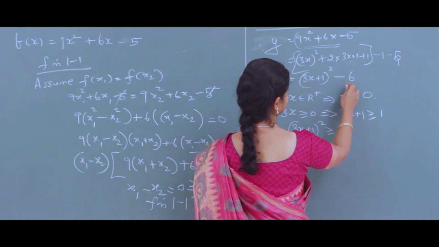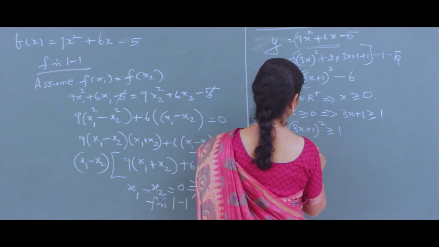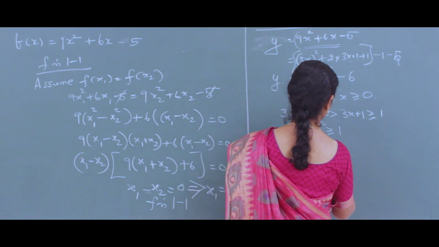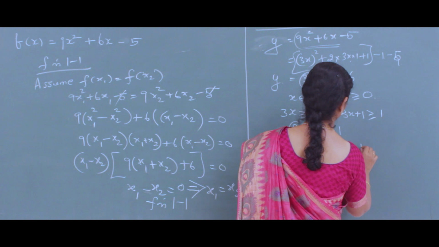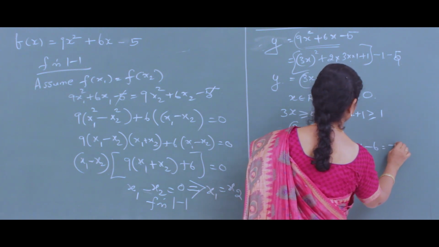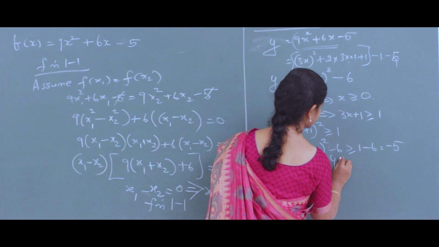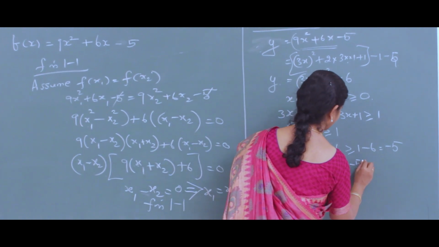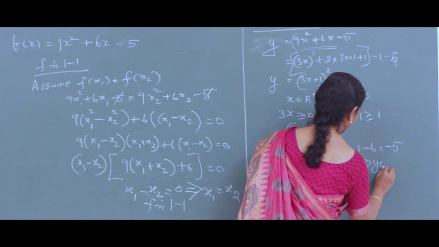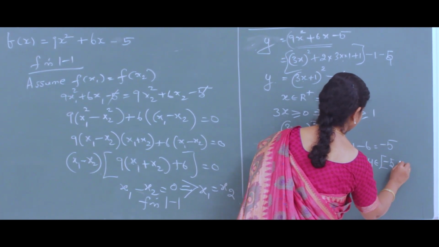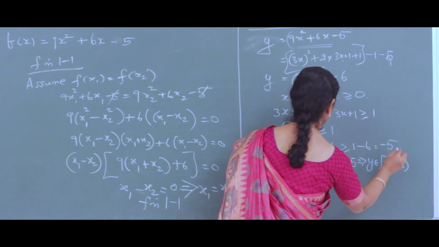Now add minus 6 on both sides. So (3x plus 1) the whole square minus 6 is greater than or equal to 1 minus 6, that is minus 5. This is nothing but your y. So y is greater than or equal to minus 5. That implies y belongs to the closed interval [-5, infinity), which is nothing but your codomain.